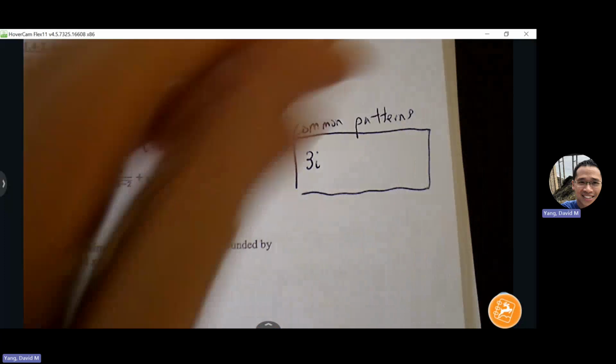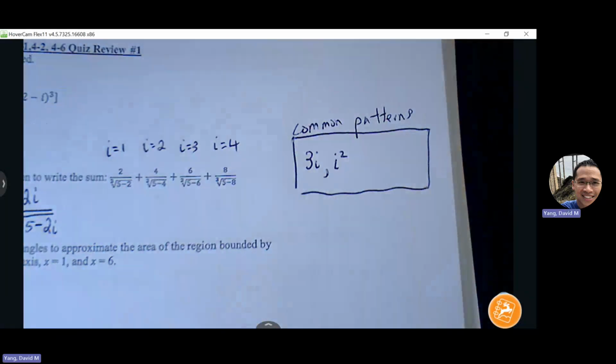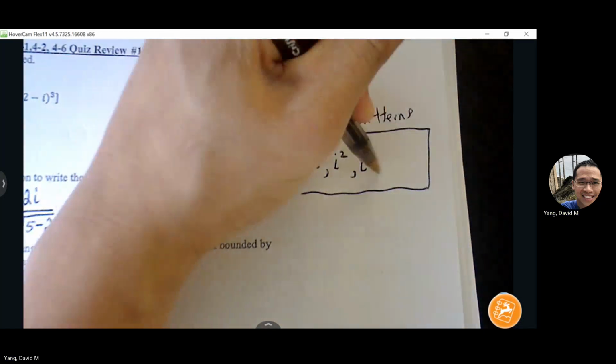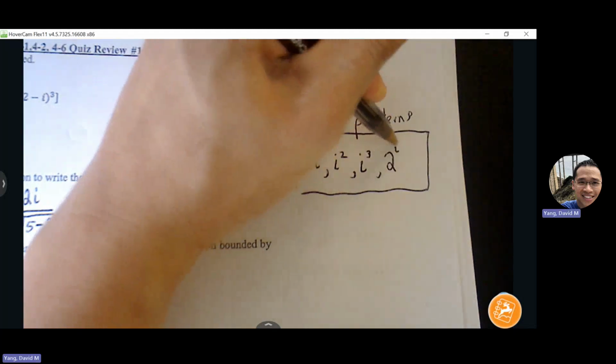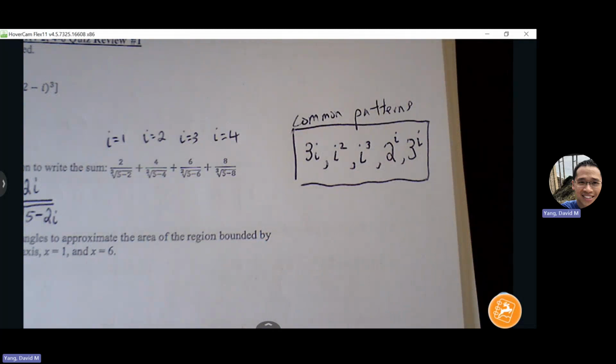It could be 2i or 3i. It could be something involving an exponent, like i squared. Maybe it goes from 1 to 4 to 9. If that's the case, i squared could be something that you could test. Sometimes i cubed. Sometimes it could be like 2 to the i or 3 to the i. It's just something involving exponents and multiplication. Those are usually the most common ones.